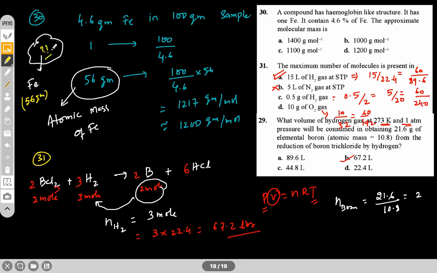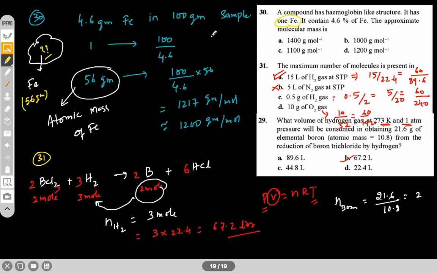That is what we need to find out, the molecular mass. Did you understand the question, Himanshu? Why have I taken 56? Because it says only one Fe. If it were 10 Fe, I would have taken 56 into 10, and corresponding to that we'd find the value.